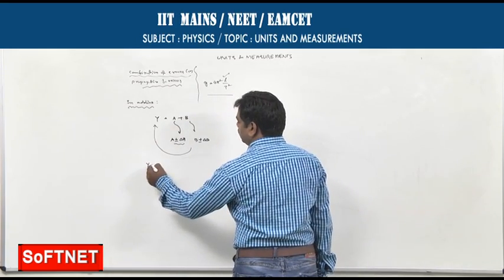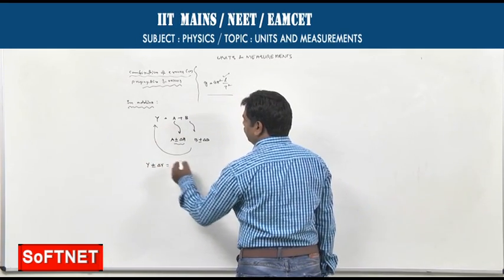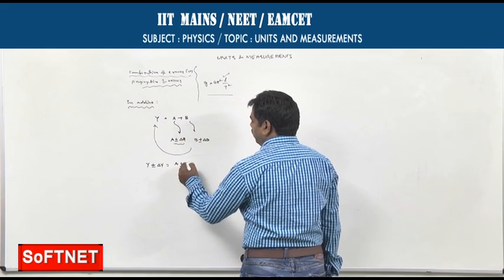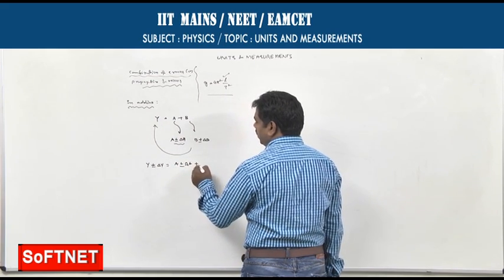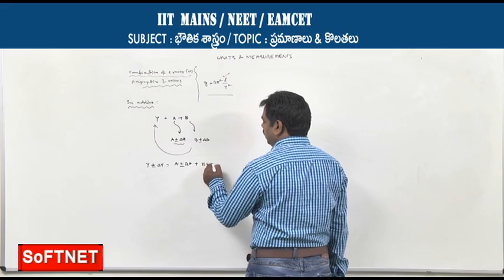That error we can write as Y plus or minus delta Y is equal to A plus or minus delta A plus B plus or minus delta B.